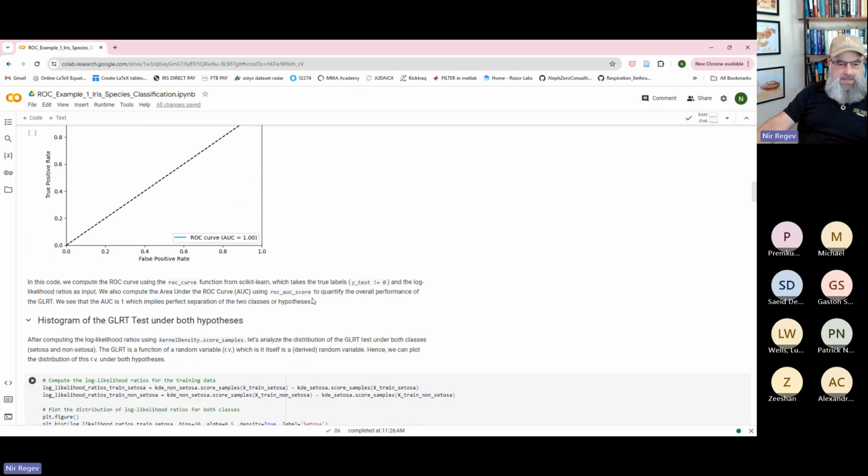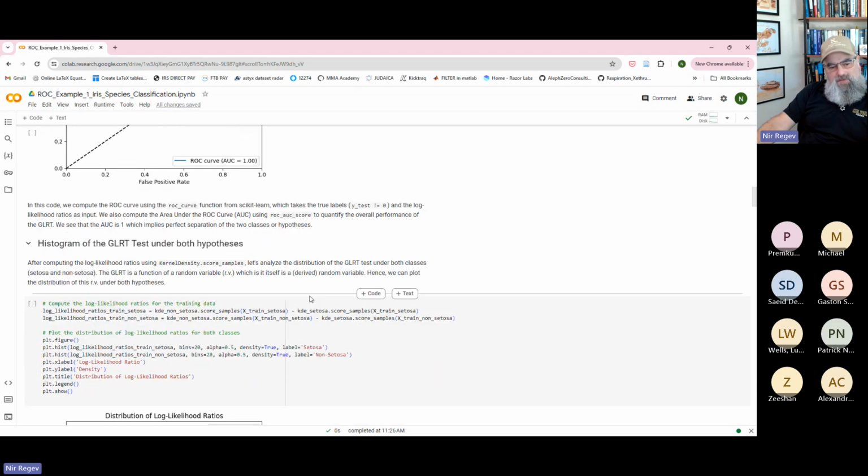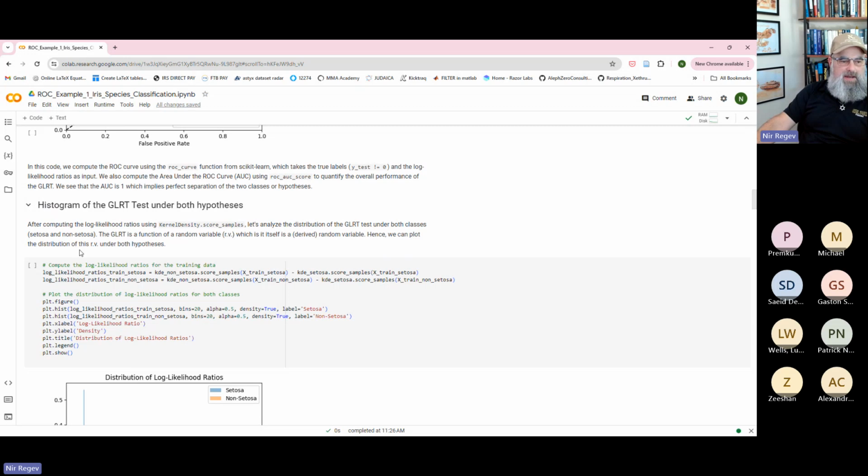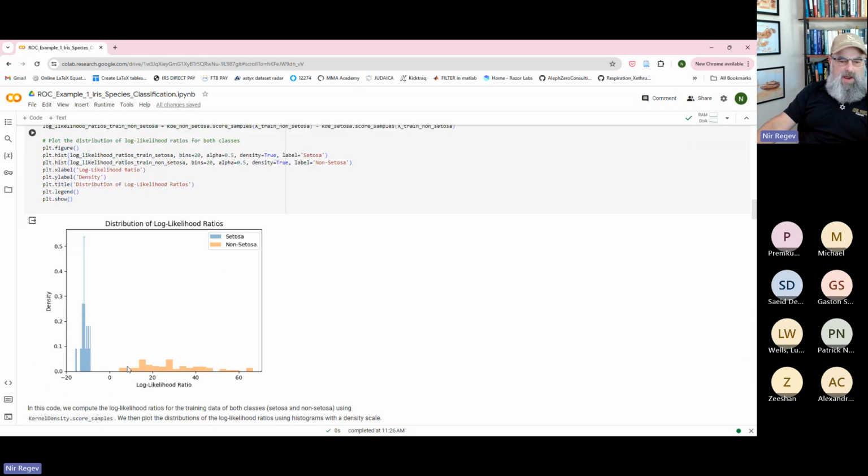Now this is just an introduction to the concept of the ROC curve. We are further investigating it. We are doing the histogram to see why we have such a good separation, and we see that the setosa class is somewhere here in -10, -15, and the non-setosa class is spread between plus, I don't know, 7 maybe to plus 65 or 70.